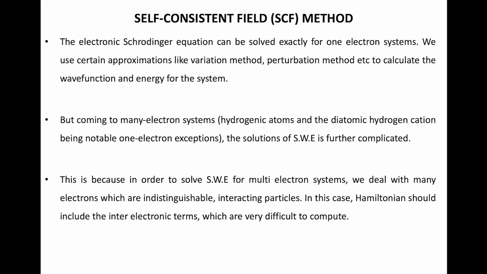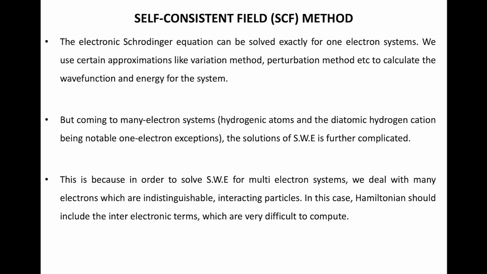So, in the independent electron approximation, we consider a 2-electron atom without mutual repulsion of the electrons and then make corrections using variation and perturbation methods. But this is not possible for multi-electron atoms due to the number of electrons.